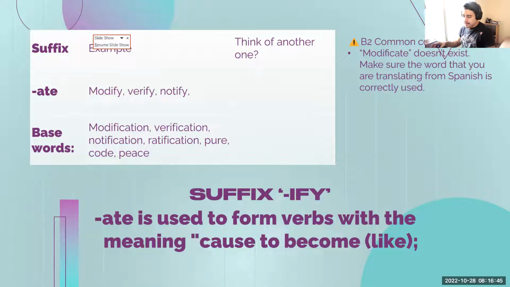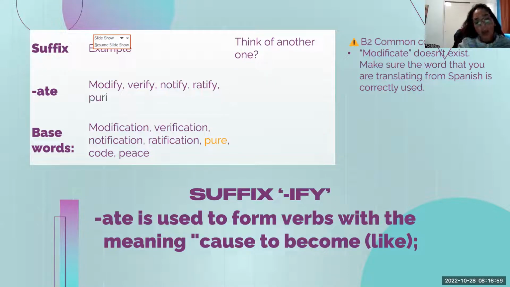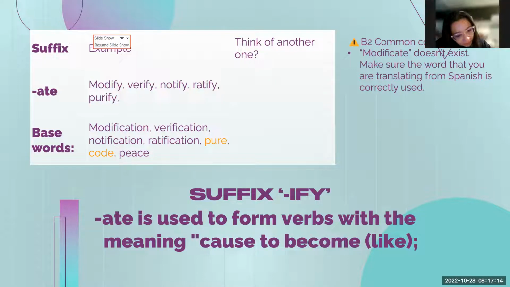Ratify. Very good. And when you make something pure, like for example, water. Purify. Excellent. When you want to make something into a code, so it's like a little secret, then you codify. Excellent.